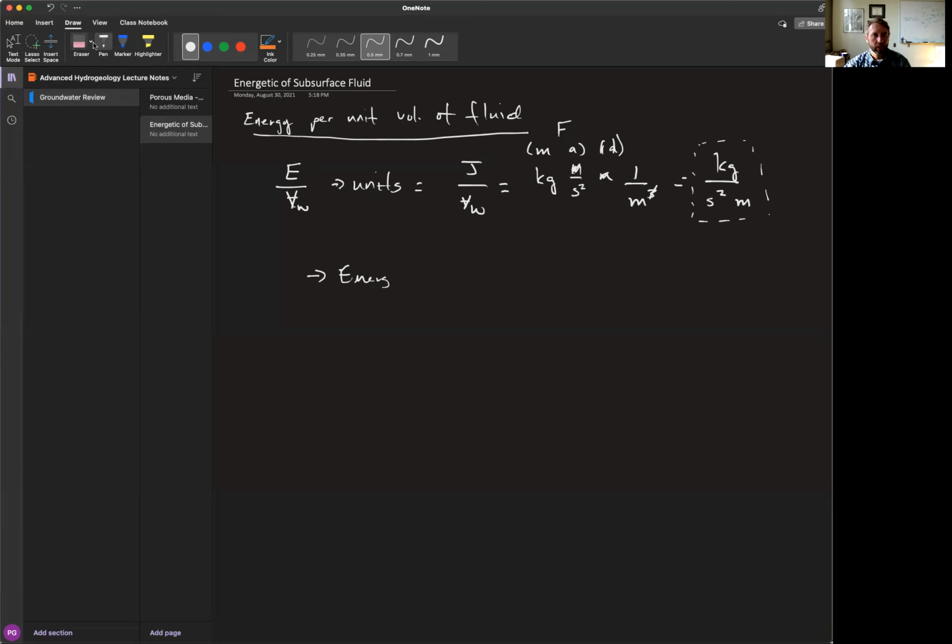All right, energy per unit volume. So let's recall the definition for pressure or fluid pressure.